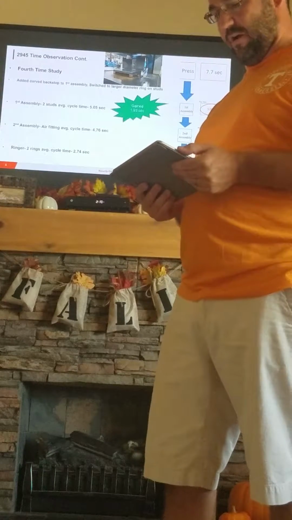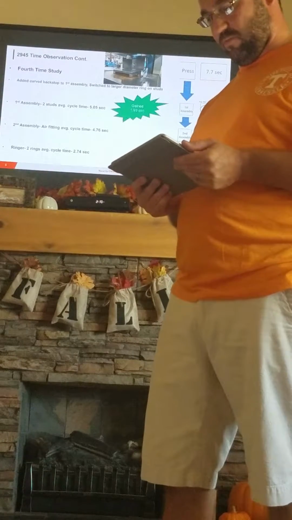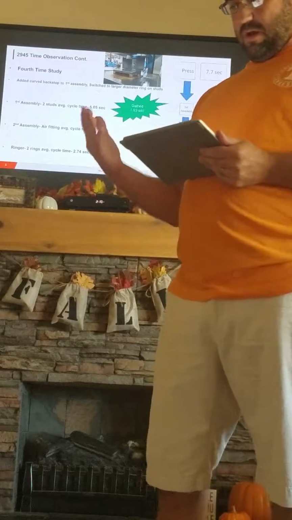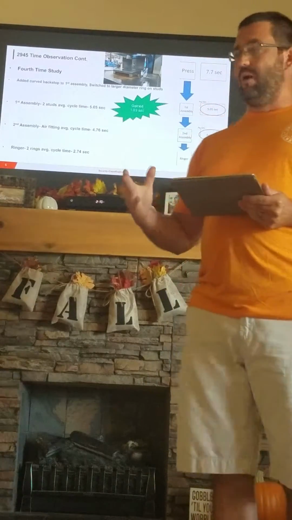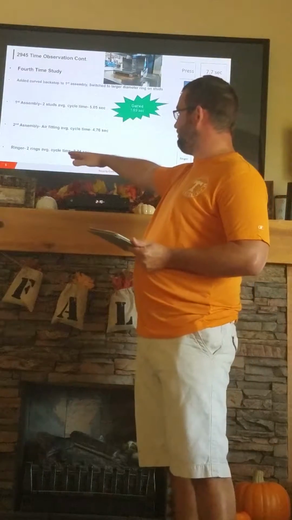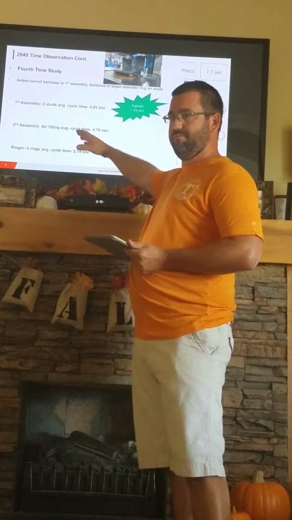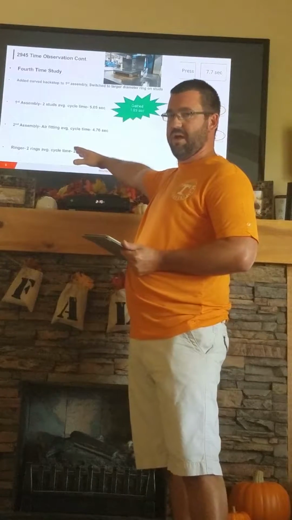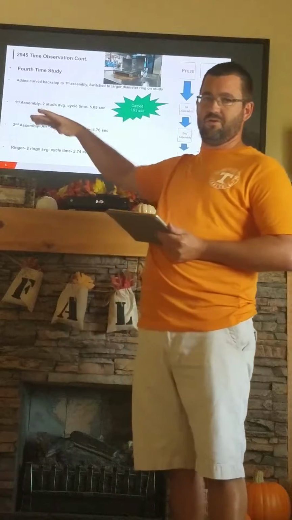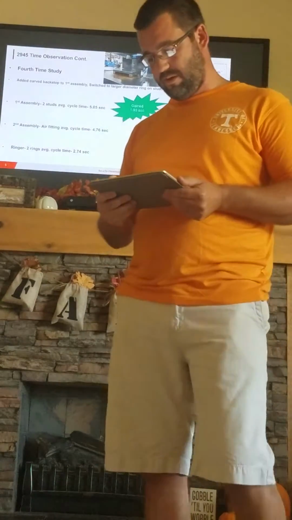So the final time study, this is where we switched to a longer diameter ring for the ringer station. We wanted to try to improve our assembly time at the third station, the ringing station in our process.